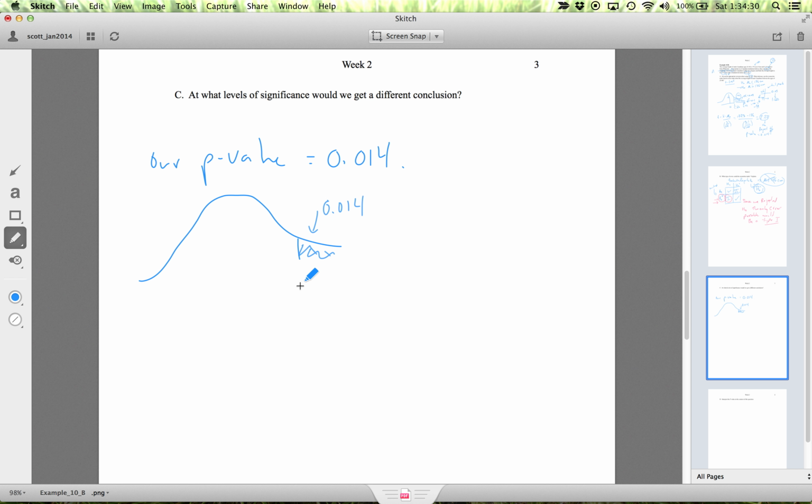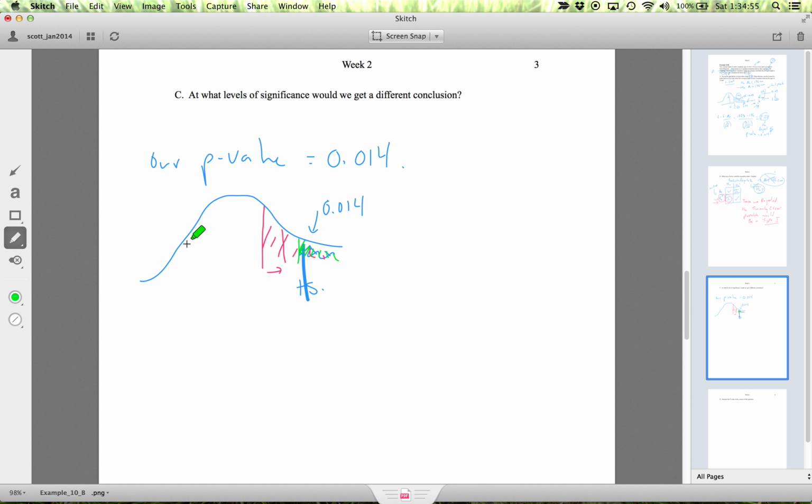This is where our test statistic was. We knew that when alpha was 5%, we rejected, but this question is asking how much we would have to decrease alpha before we make a different decision.